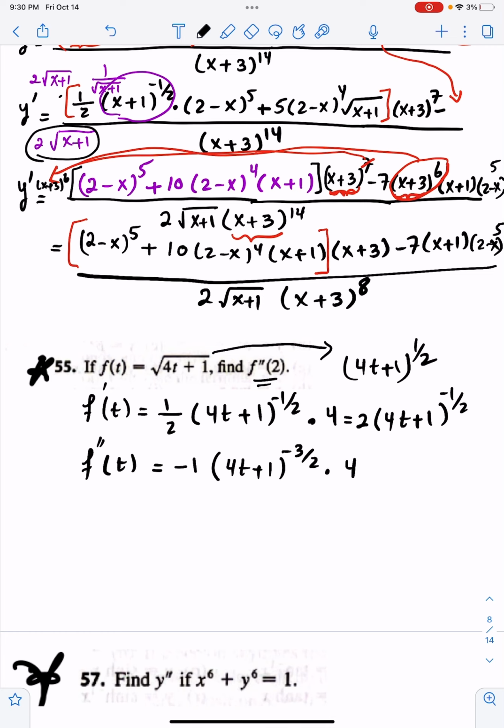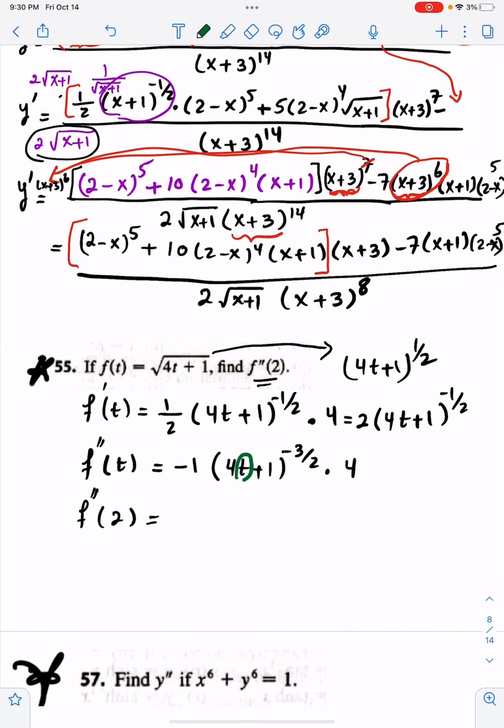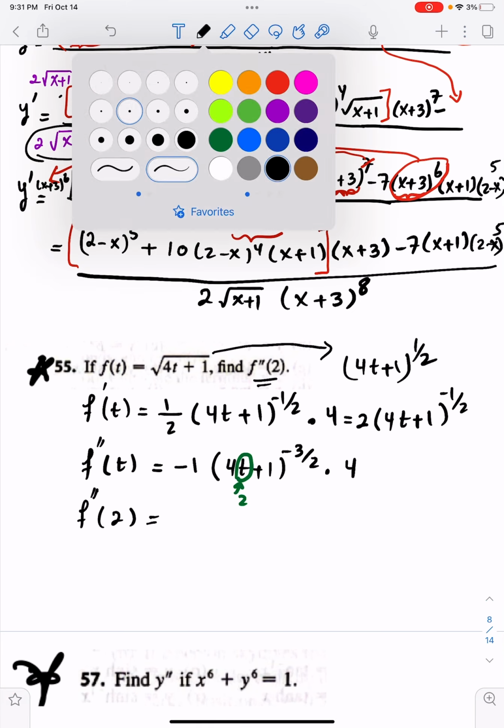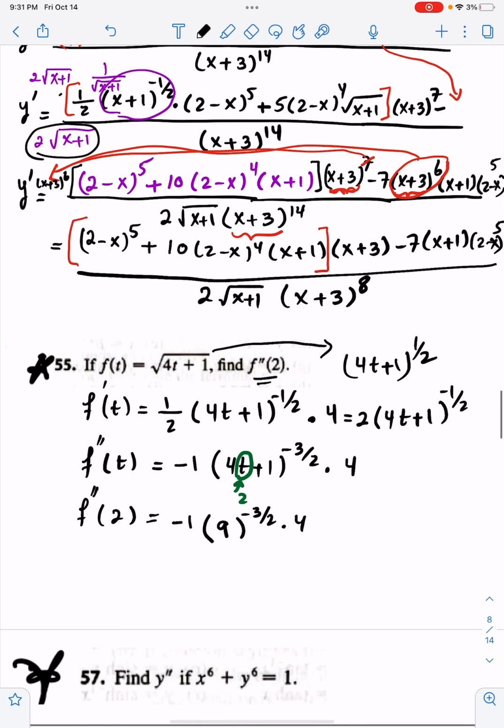Okay, now we want to find f double prime of 2. That is equal to substituting 2 for t. Okay, that's negative 1, 8 plus 1 is 9 to power negative 3/2 times 4.